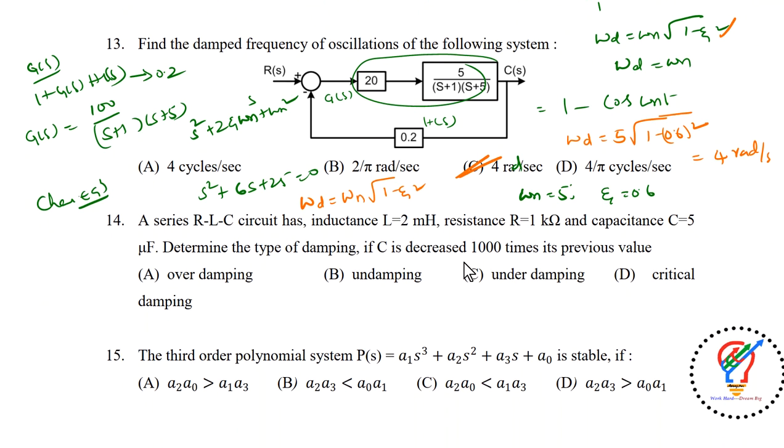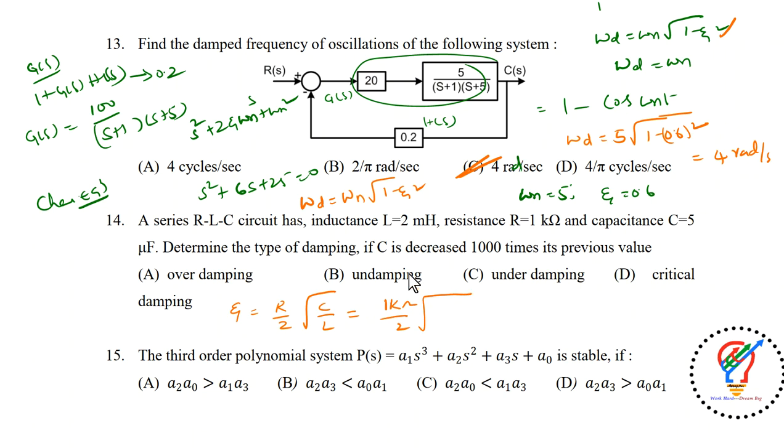Next one. A series RLC circuit has inductance of 2 millihenry, resistance of 1 kilo ohm and capacitance 5 microfarads. Determine the type of damping if the C is decreased 1000 times its previous value. Zeta is nothing but R by 2 into square root of C by L. R value is 1 kilo ohm divided by 2 into square root of C value.